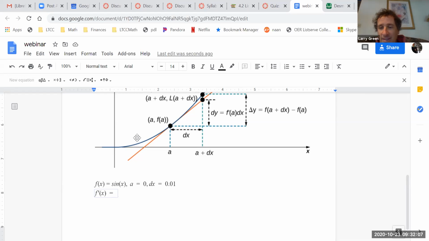What's f prime of x? Yeah, that's cosine of x. You've got to have that one down in your head for basically the rest of your life if you're going to be an engineer, and definitely the rest of the year if you're going to take the first year of calculus, because that one, the derivative of the sine is the cosine. Okay, and I want to remind you, it's always radians. Any questions so far?